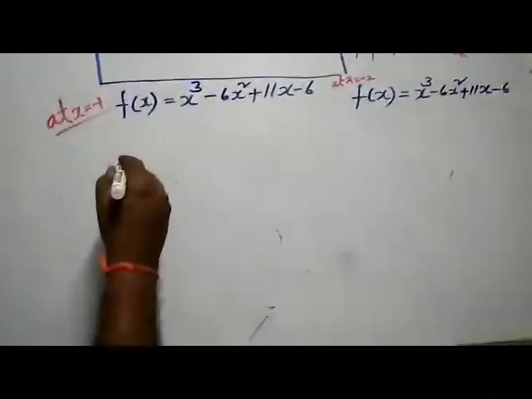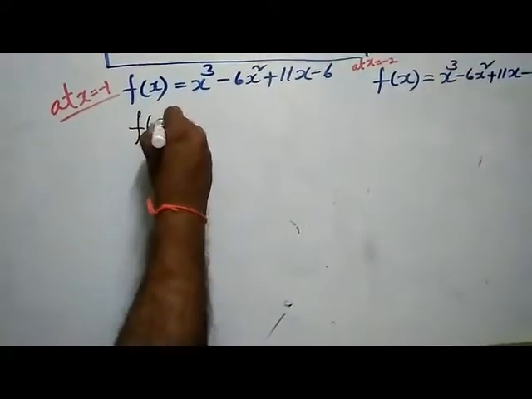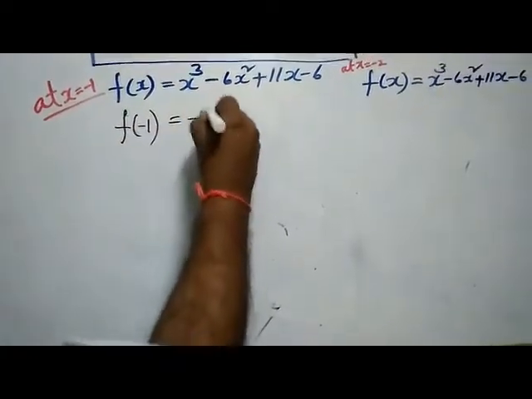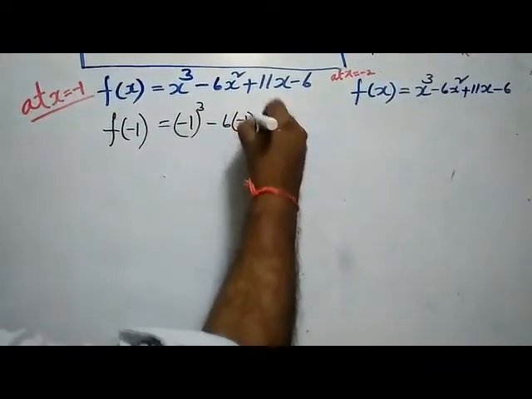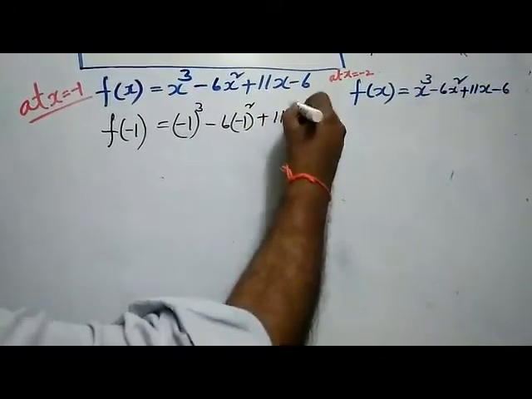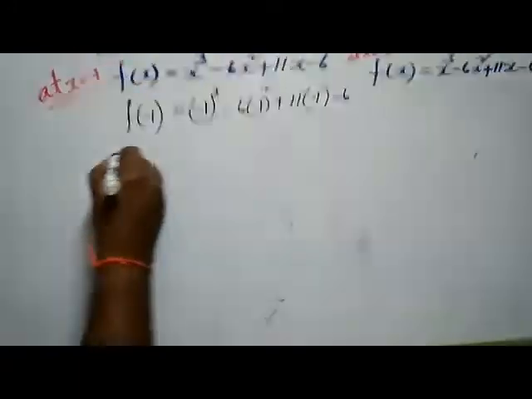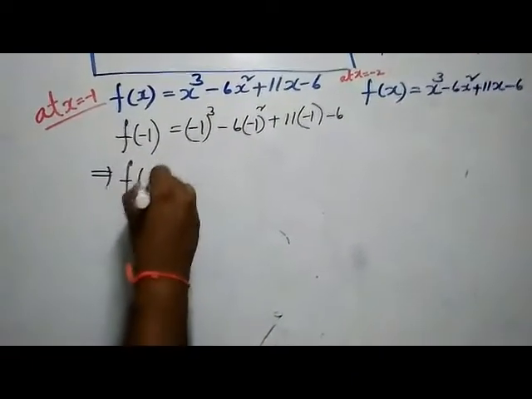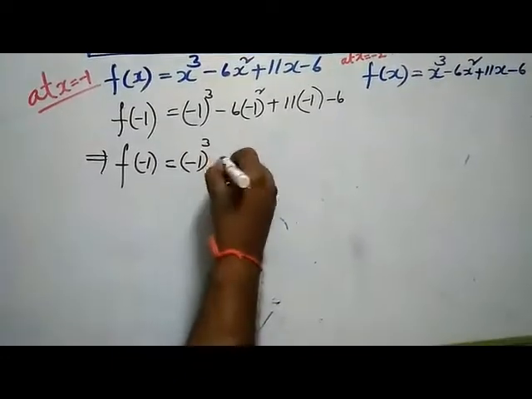So at x is equal to minus 1, f of minus 1 is minus 1 whole cube, minus 6 into minus 1 whole square, plus 11 into minus 1, minus 6. That implies f of minus 1 is equal to minus 1 whole cube.